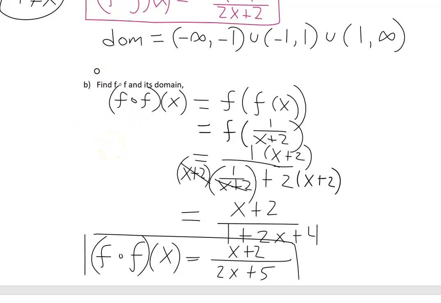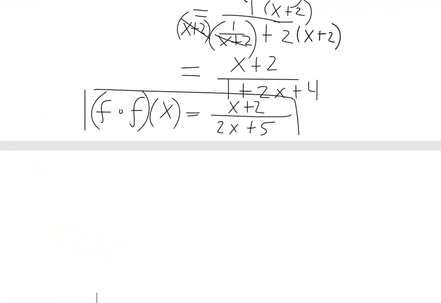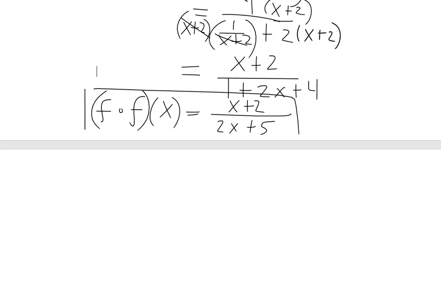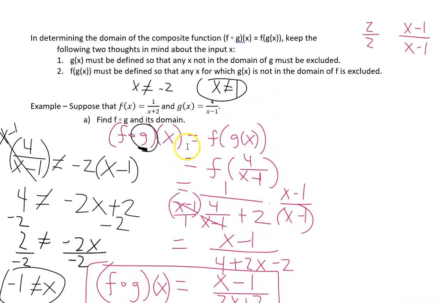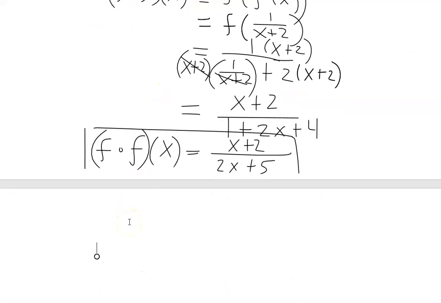Now we need to find the domain. In order to do that, we're going to think back to the domain of the original f of x function. x could not be -2. So we have to exclude -2 from our domain.